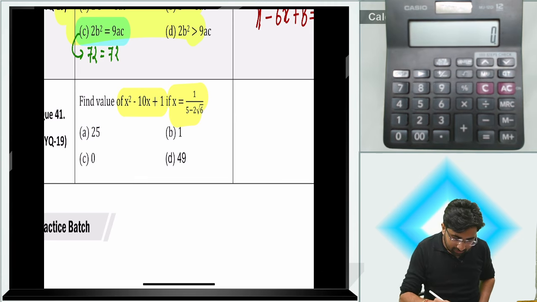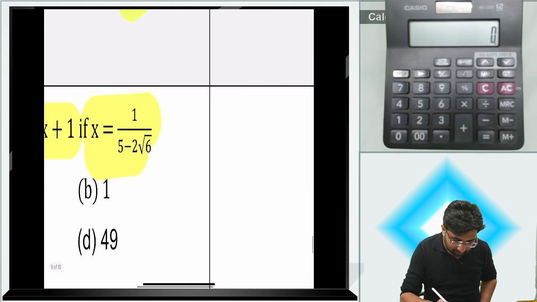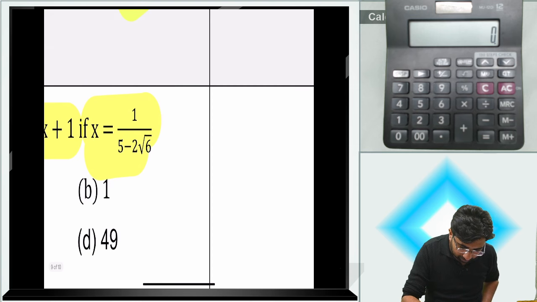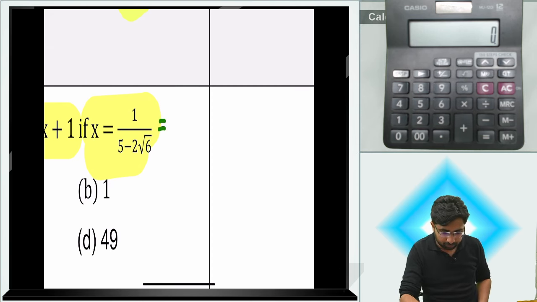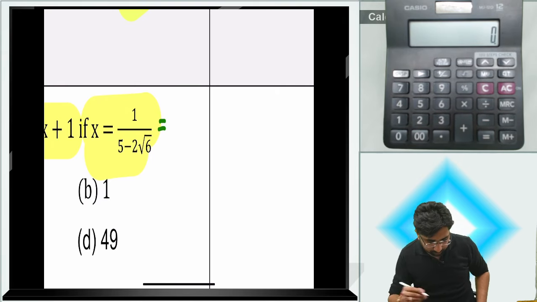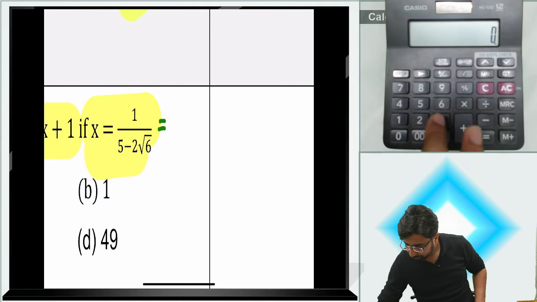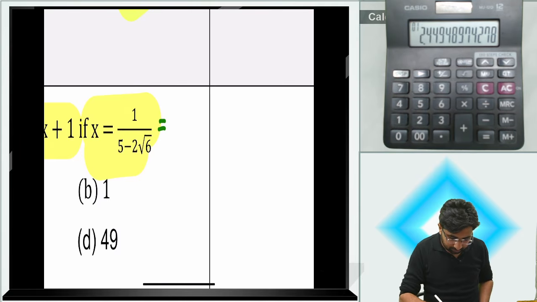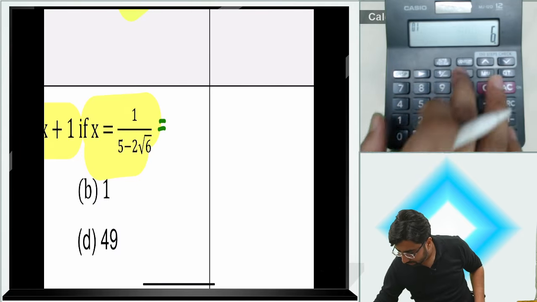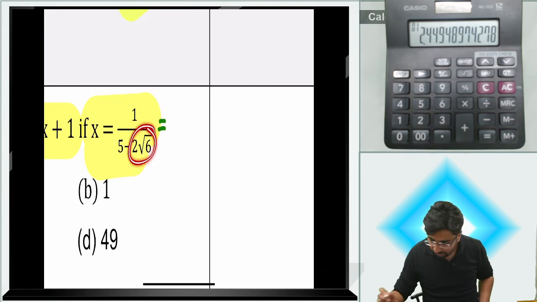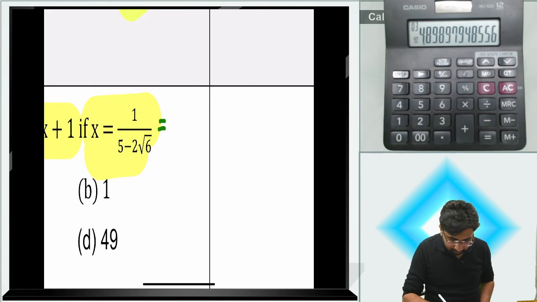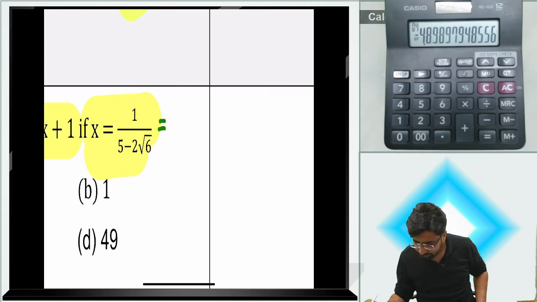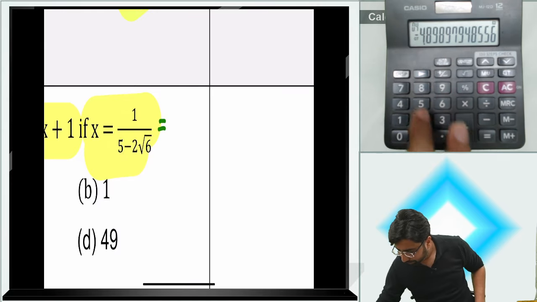Everybody, let's convert this variable into the form of a number. 6 root multiplied by 2 with minus sign, then plus 5.